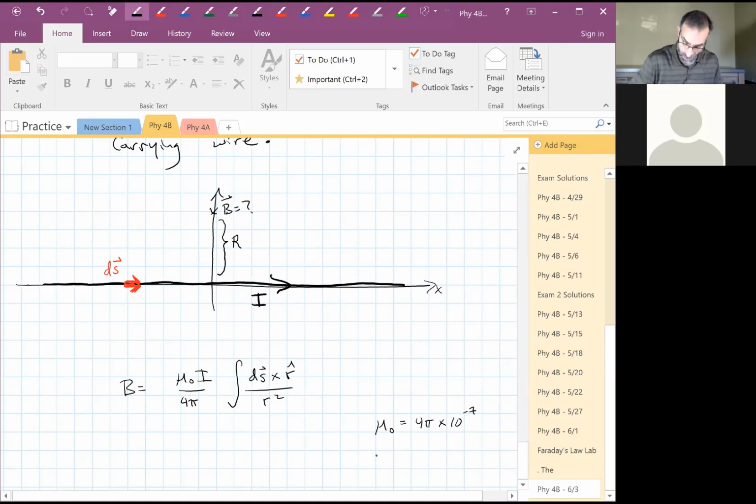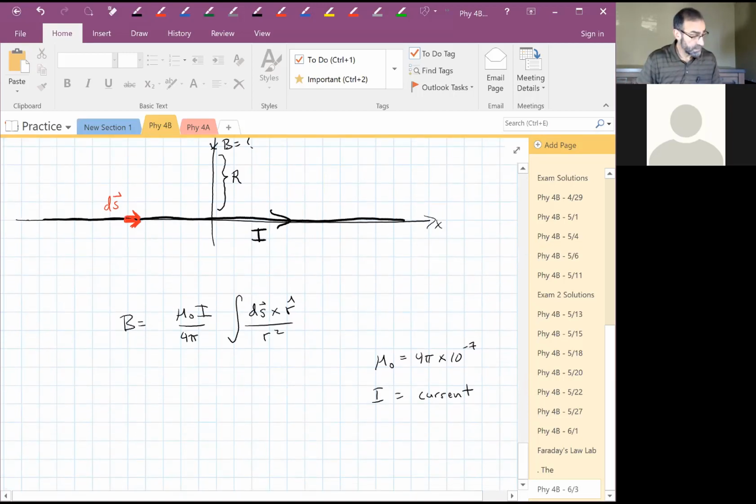I is our current. It would be given, I guess. Four and pi, we know what those are. Those are constants. ds, what would ds be in this case? It's a length element. And since our wire is straight and it's in the x direction, let's call it dx.